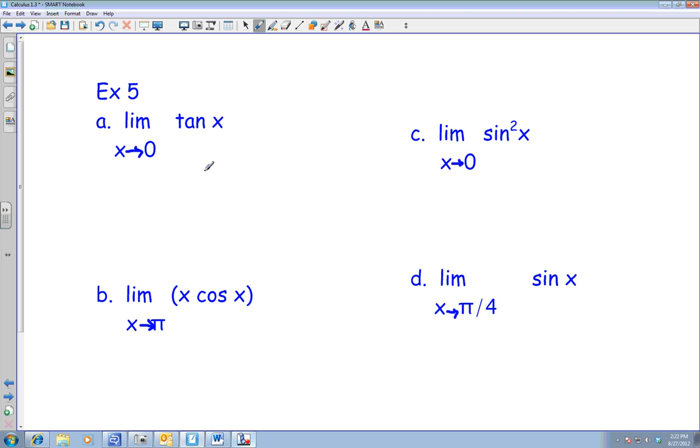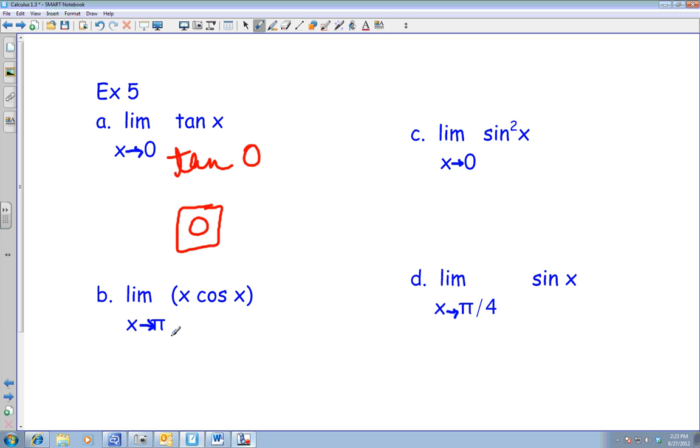So, on part A, I'm going to say the tangent of 0. So now I need to find out what the tangent of 0 degrees is. The tangent of 0 degrees is your y over your x value at 0. So my answer is 0.